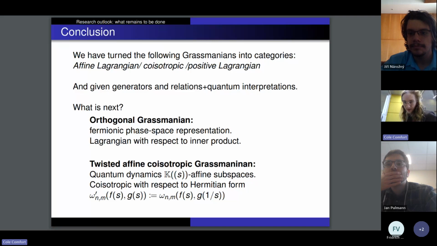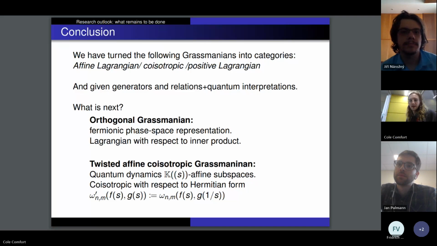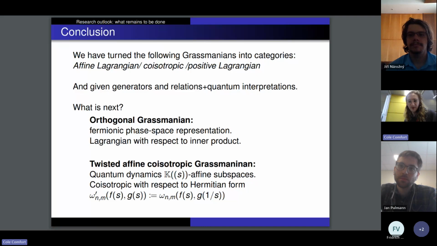So your understanding is almost correct. If the state space is L2 of R to the n, then the phase space is particular affine subspaces of complex numbers to the 2n. So yeah, the complex structures.